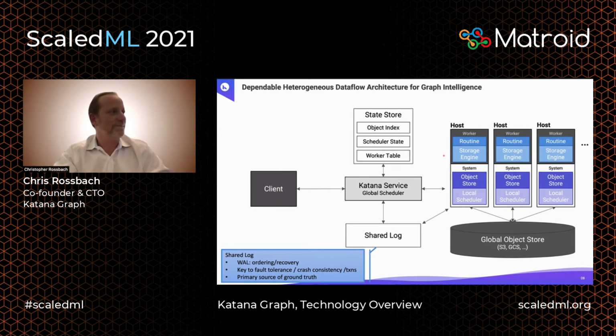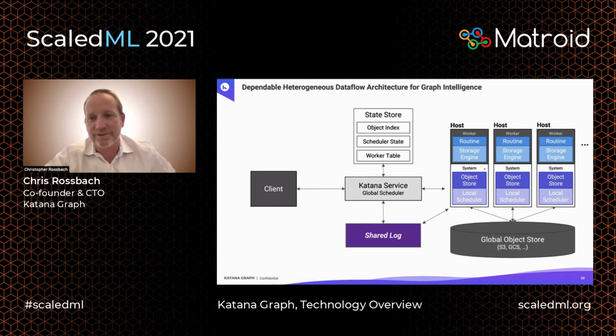If you've worked in this space or built any kind of distributed computing framework or data flow engine, I would say most systems that have emerged in the community over the last 10 years or so have analogs for most of these components. But the shared log is, I would argue, a distinguishing feature that enables us to provide strong database-like guarantees, despite being a highly flexible data flow engine.